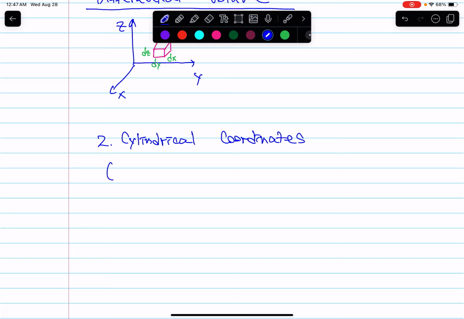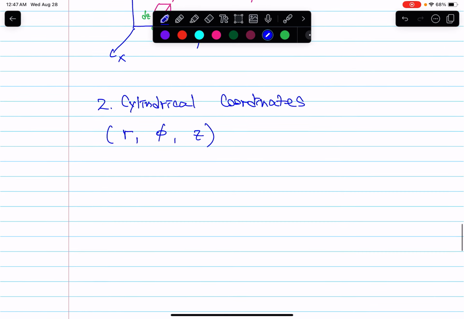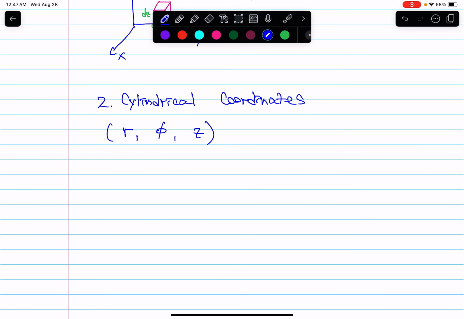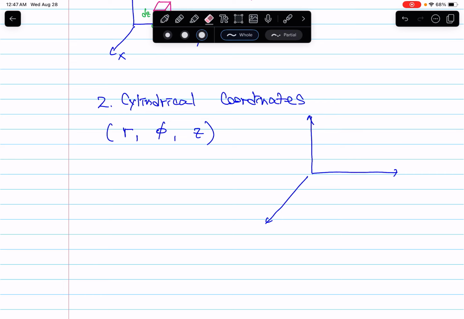It utilizes r comma pi comma z. The way it looks is like this. So if you have xyz, you have an r.